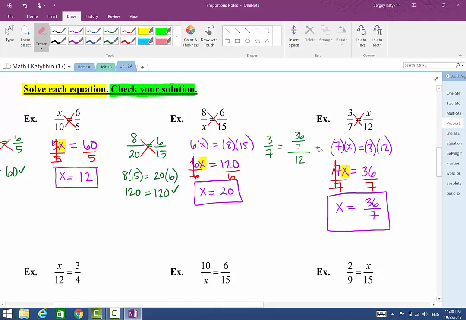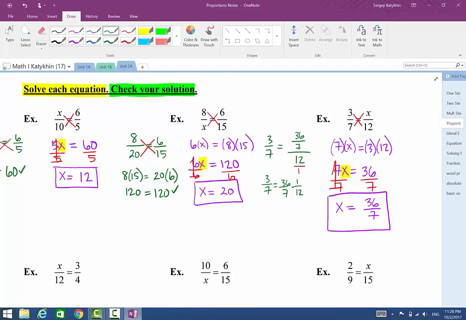I'm going to erase the highlighted stuff. As you can see, we cannot divide fractions, so we need to multiply by the reciprocal. So we actually get 3/7 is equal to 36 divided by 7 times the reciprocal of 12, which is 1/12.